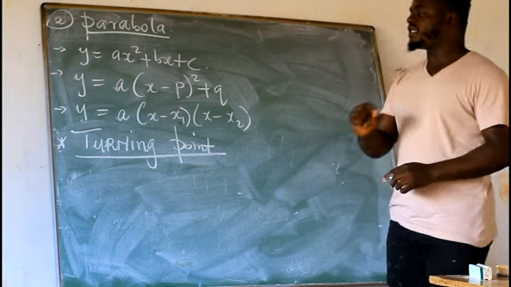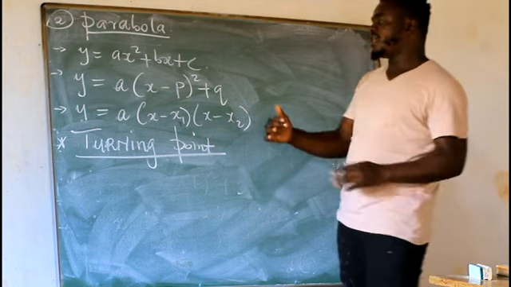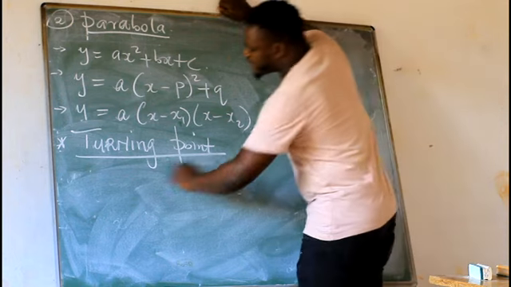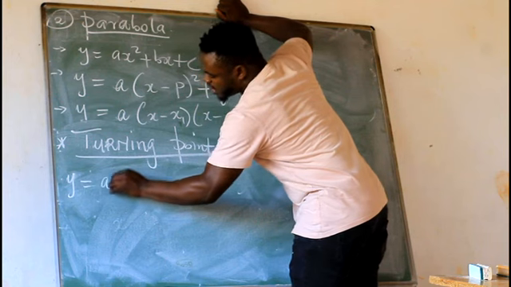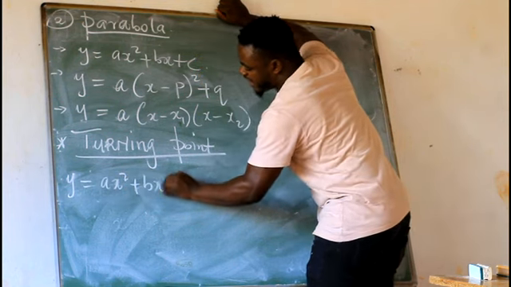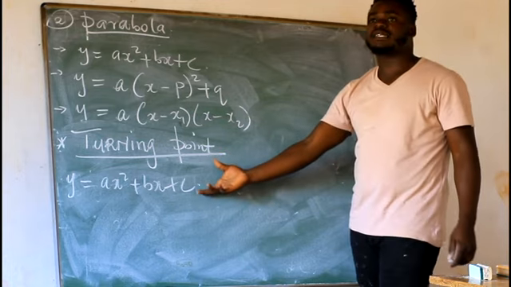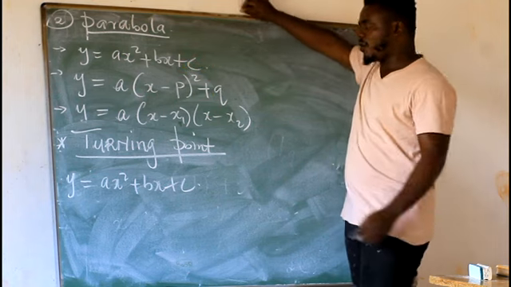Now, the graph needs to turn before it hits the y-intercept. Let's say you're given y equals ax squared plus bx plus c, and they say, find the turning point of this graph. Remember, this graph is in the form of number 1.